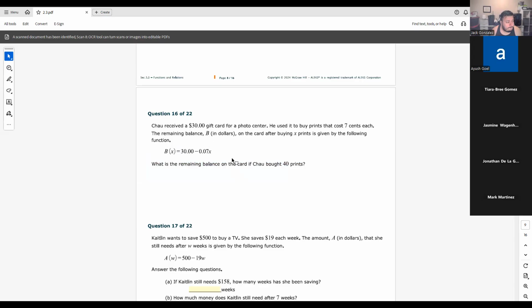What would you do to solve this? Yeah, just plug in 40. What is that going to be?